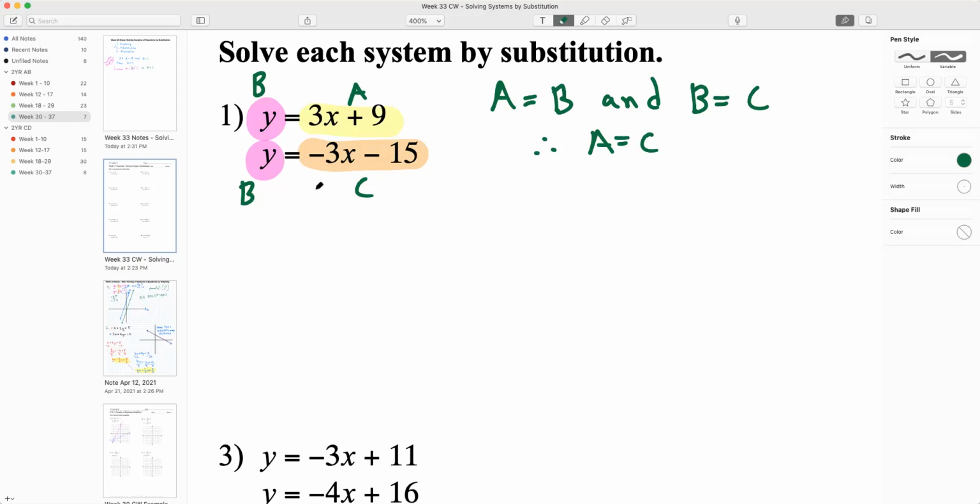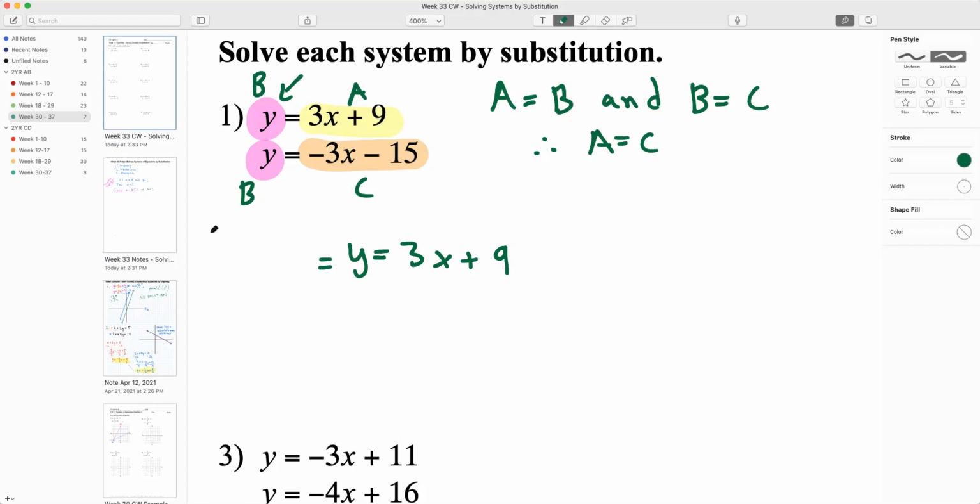So we can substitute in this negative 3x minus 15 for y, because y equals both of them.